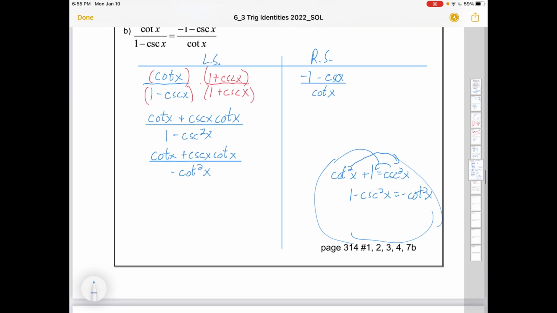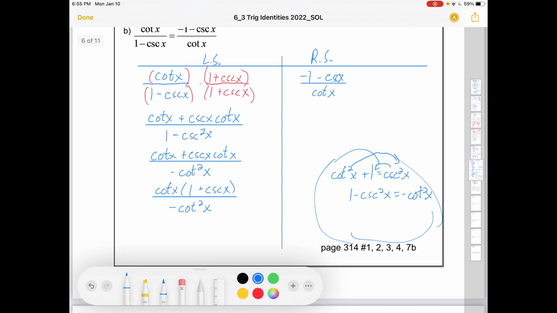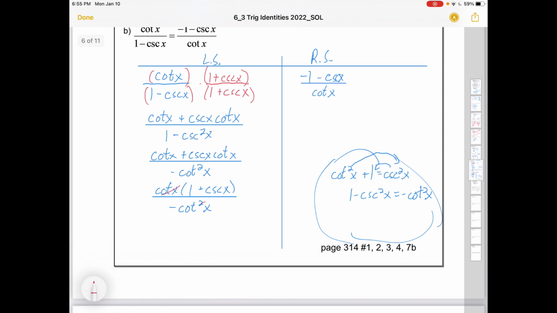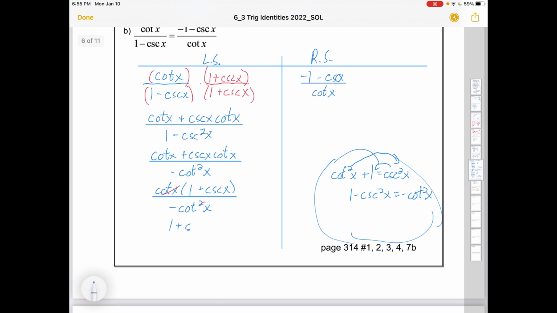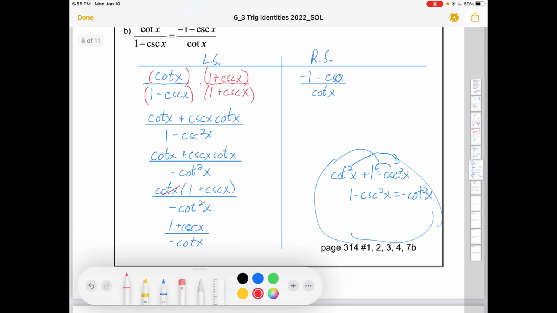As one possible way to prove this, I'm going to factor out the top. That'll leave me with 1 plus cosecant x, which looks kind of promising. And the bottom says negative cotangent squared x. And I could divide these out. And that's going to give me 1 plus cosecant x over negative cotangent x.